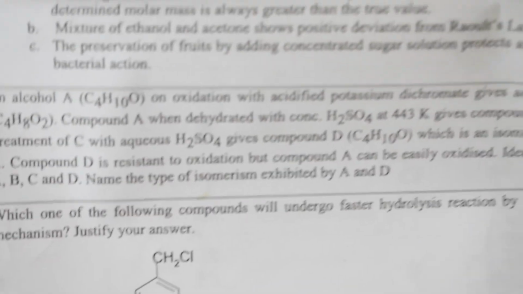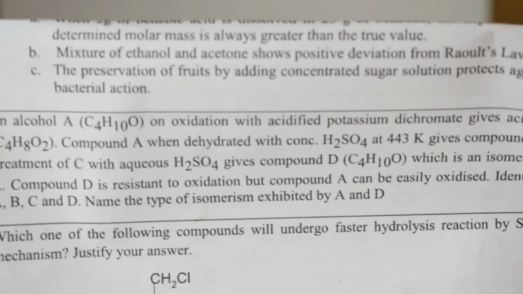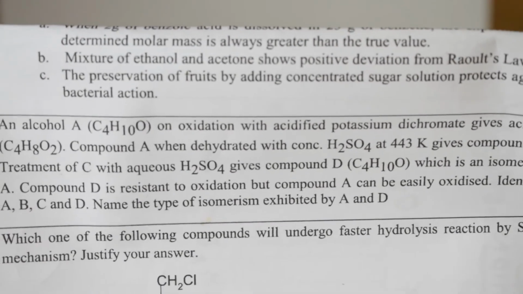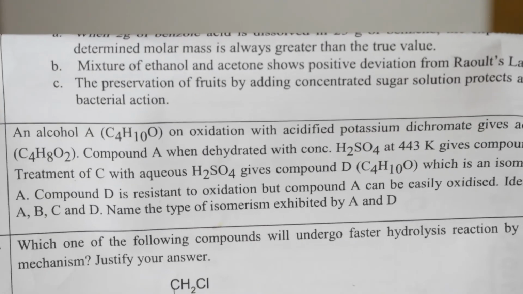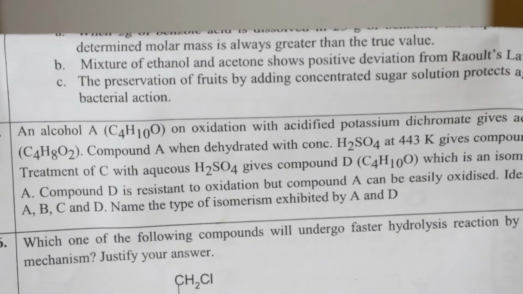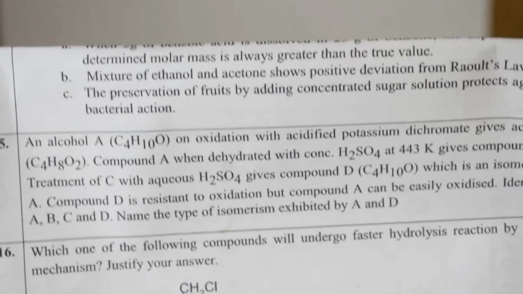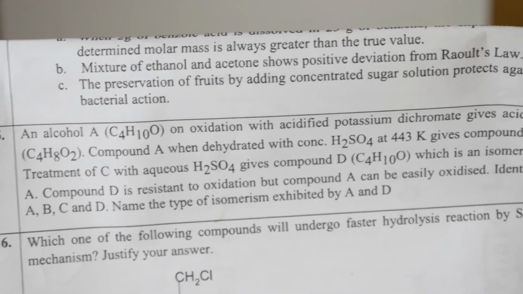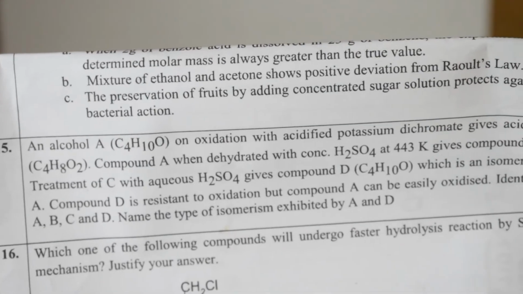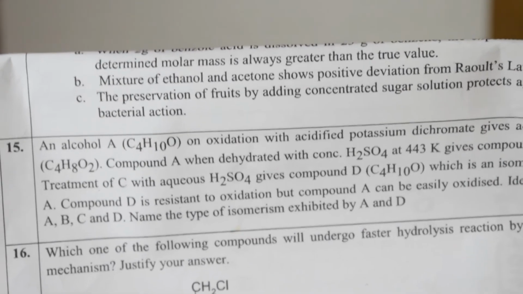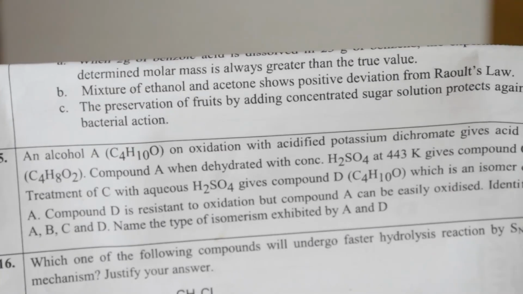Then they said treatment of C with aqueous sulfuric acid gives compound D. Formula is given to us, which is an isomer of compound A. Compound D is resistant to oxidation, but compound A can be easily oxidized. So I have to identify A, B, C and D. Name the type of isomer exhibited by A and D.